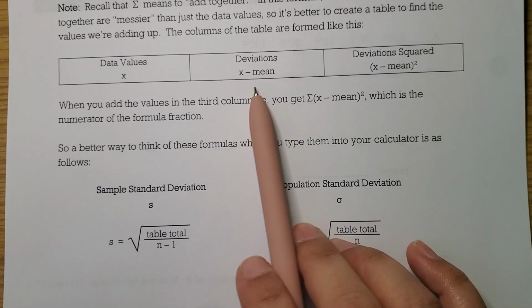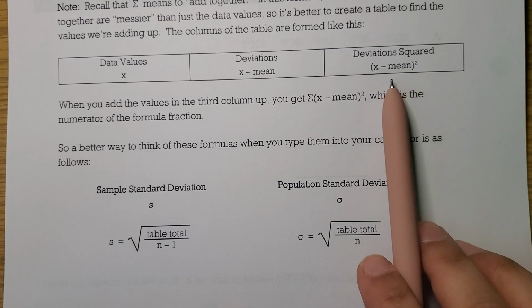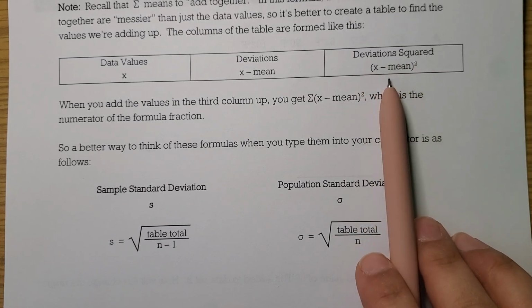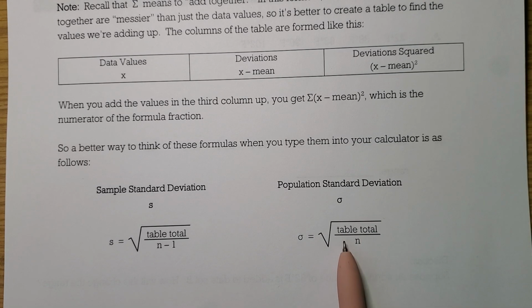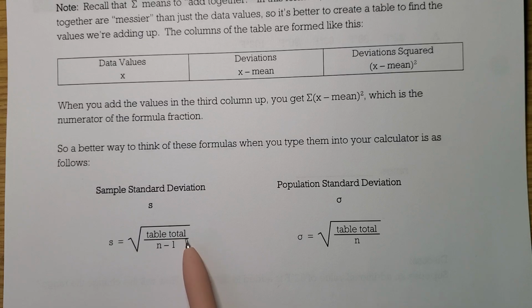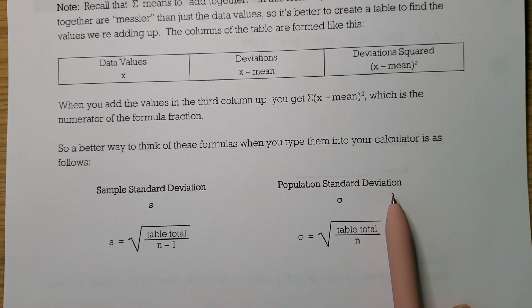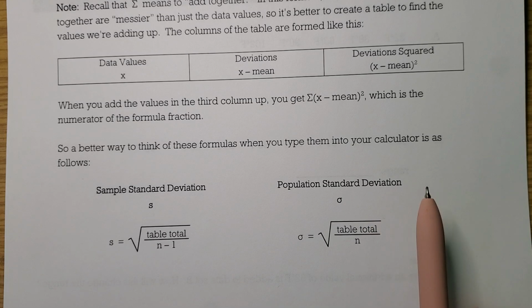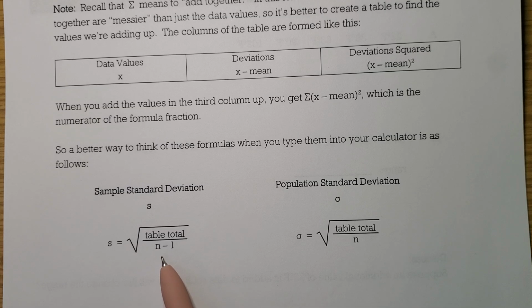Then I'm going to take each of those values and square it to get a positive number. Once I get all of those, I'm going to add them all up to get a total value. That's what I'm referring to in these formulas when I say table total. So I take that last column, add them all up, and that total is my table total. Then I have either my n-1 or my n, and my square root symbol.